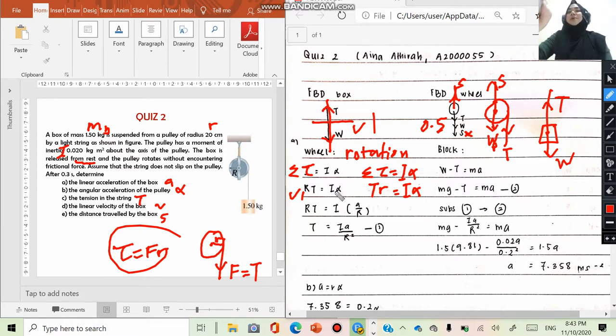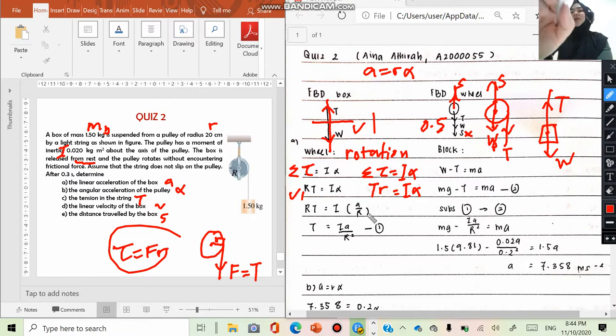Okay, lepas tu dia tahu, okay, dia just substitute the alpha is actually A over R. Awak ingat tak lagi formula relationship antara linear and angular acceleration? A is equals to R alpha. So basically dia just rearrange sahaja this one ke dalam ni. Okay, boleh?